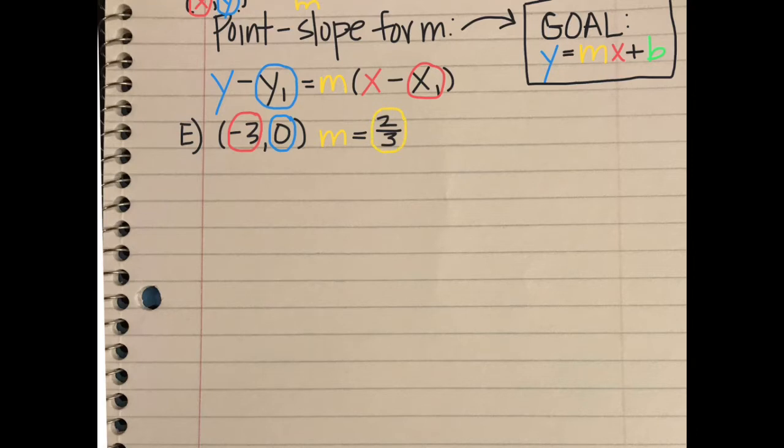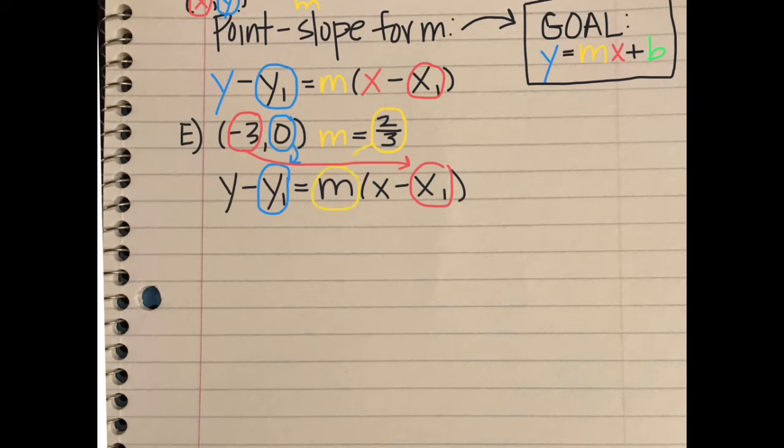So I am going to recopy my formula just from up above, just as is, and I copied it all in black because I want to emphasize the things that I need to replace. I need to replace y sub 1 with my y value from my point. I need to replace x sub 1 with my x value from my point, and I need to substitute 2/3 where my m is, where that slope is.